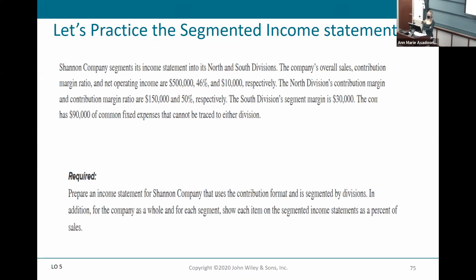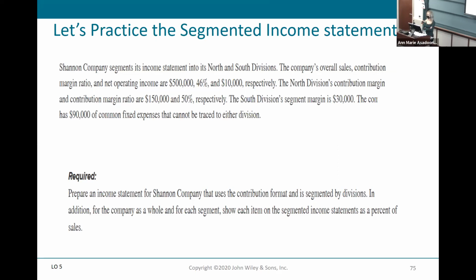The North Division's contribution margin and ratio are $150,000 and 50% respectively. And the South Division segment margin is $30,000. And the company has $90,000 of common fixed expenses that cannot be traced to either division, right?